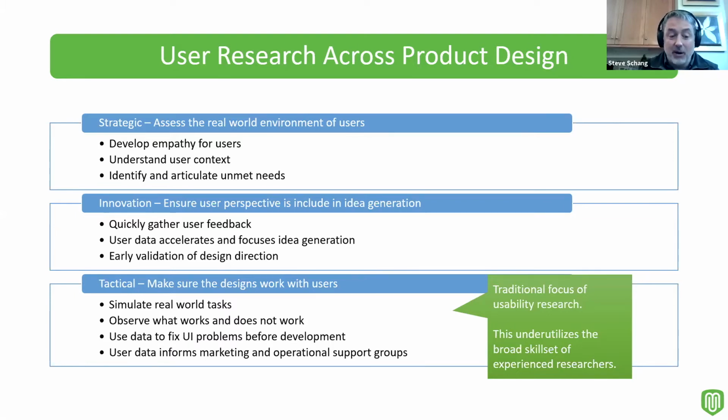Your ideas of what you want to build are getting pretty well formulated, and so the user data at this point is coming in to fix UI problems, and hopefully you've already identified that you're solving the right problems using strategic or innovation research during the innovation phases.